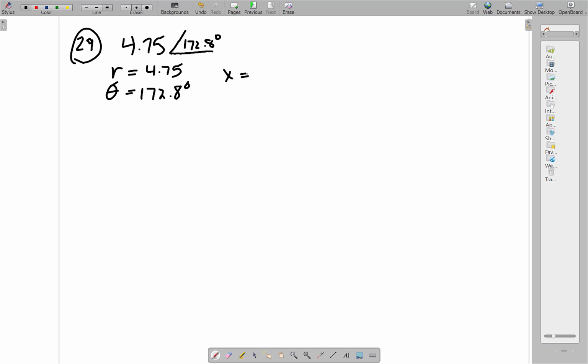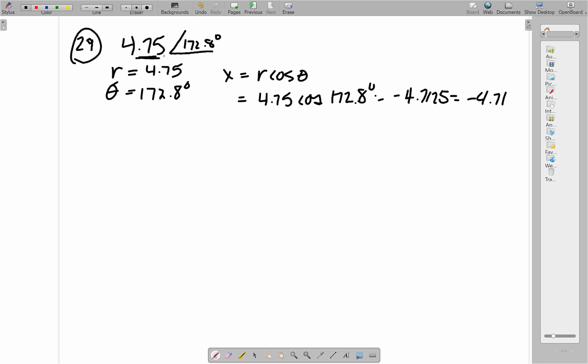Our x can be found by taking r cosine theta, which equals 4.75 times the cosine of 172.8 degrees, which is going to give us negative 4.7125, and that's going to be negative 4.71 because it's to the hundredths place up here. I'm figuring that's how they're doing it. Okay, our y is equal to r sine theta.